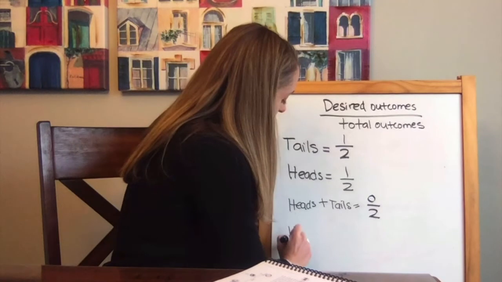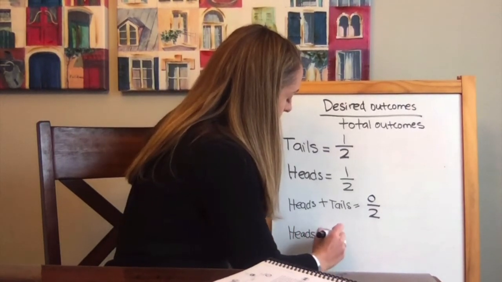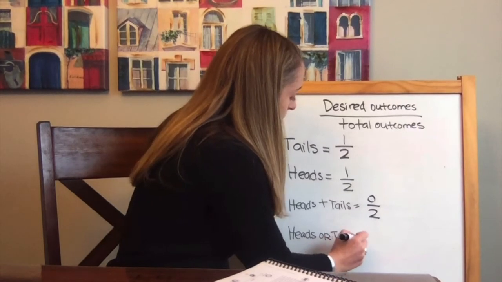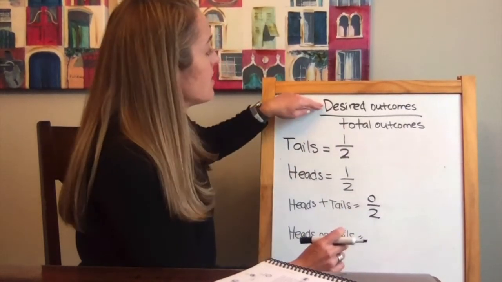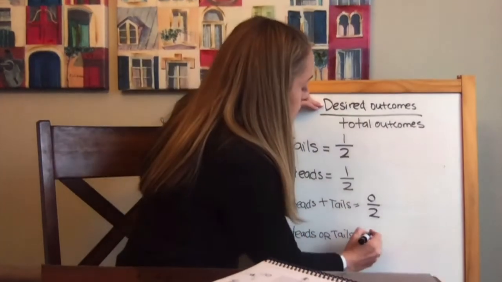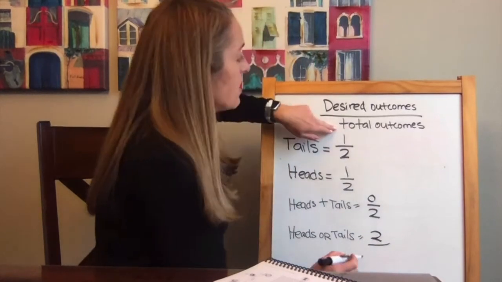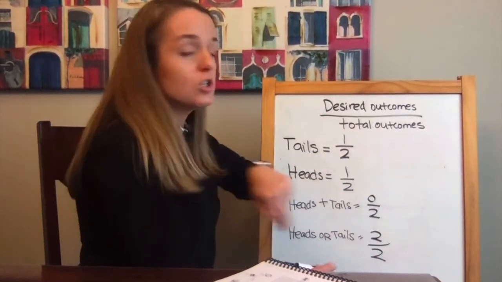What are the chances of getting either heads or tails? So this time I'm saying there are 2 choices. There are 2 desired outcomes. I can either get heads or I can get tails. So with 2 desired outcomes and only 2 total outcomes, my fraction, my probability is 2/2.